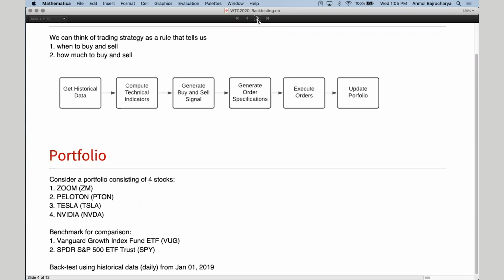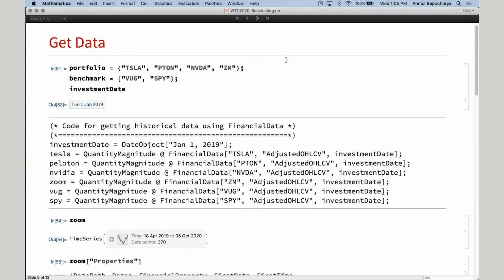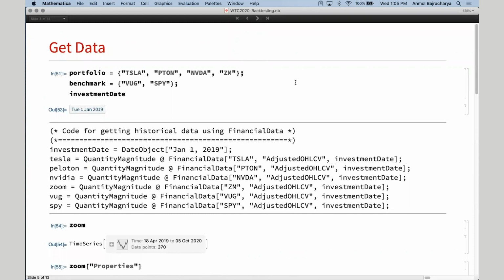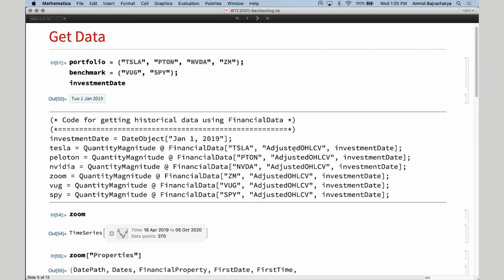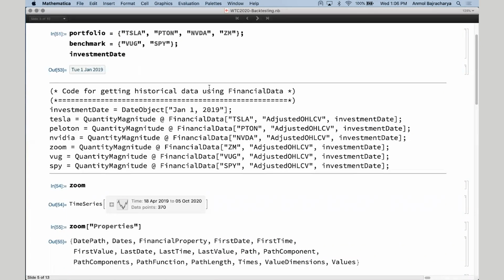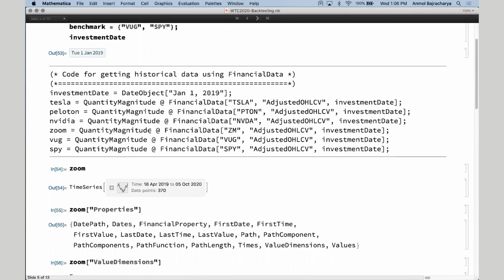Okay, so let's go to another slide. First of all, we need to get the data, right? To get the data, we'll be using the FinancialData function, and I'll be downloading the adjusted open, high, low, close data for all the ticker symbols that are here, in the portfolio and in the benchmark. This has already been downloaded, and it returns a time series.